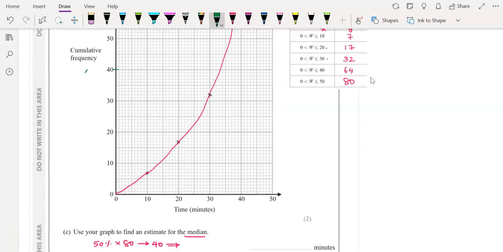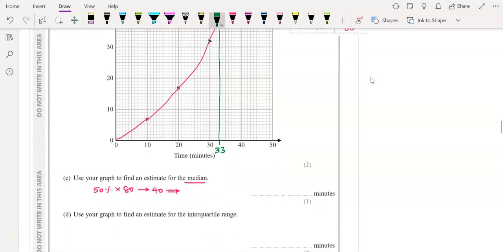You draw a line from 40, go to the curve and find the corresponding x. That gives me 33. So the median is 33 minutes.